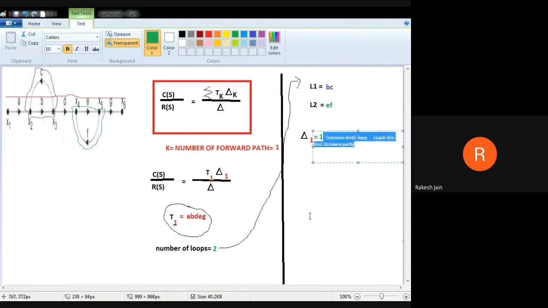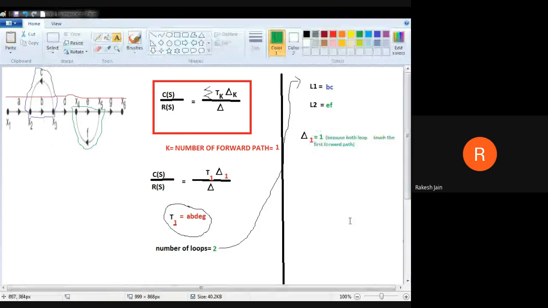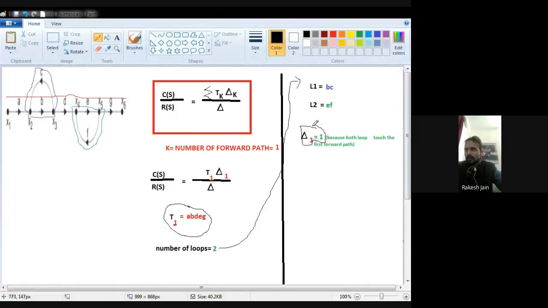Now I encircle it with the pencil, because I found this del 1 value in the formula. So T1 I found out, then I found del 1.